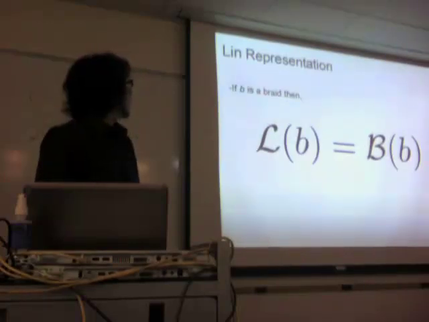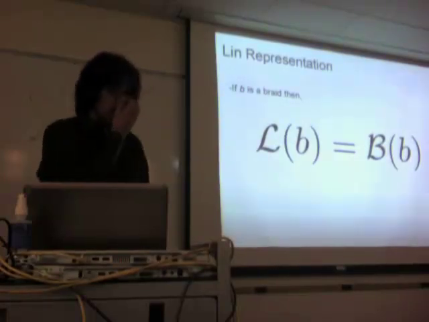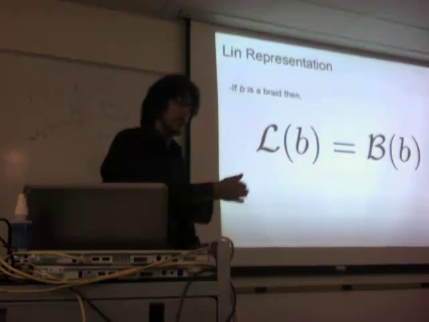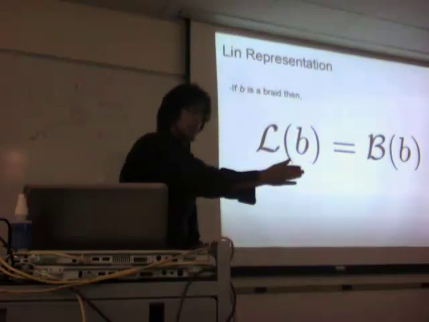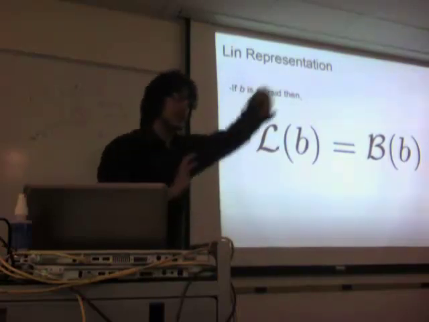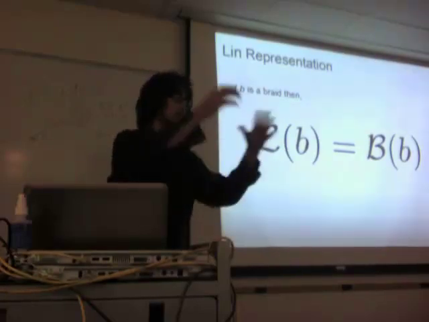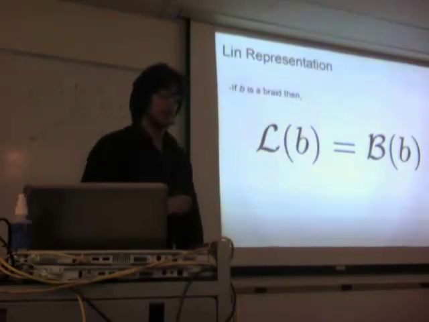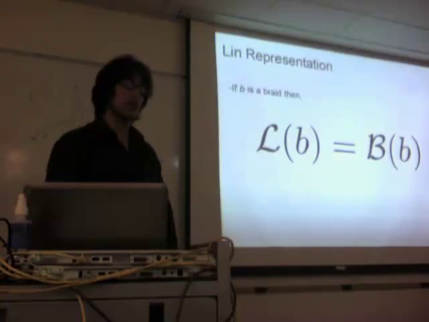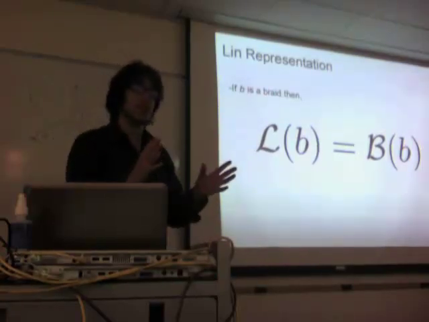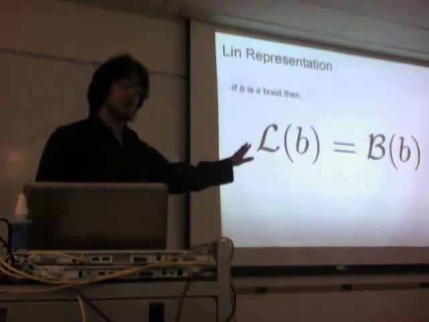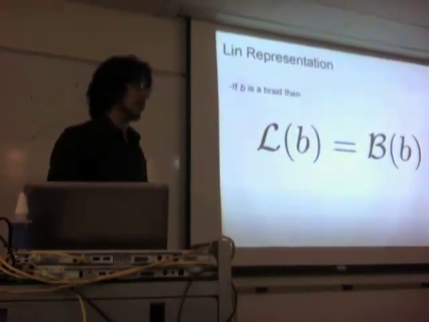Let's remind ourselves that whenever we do Lin on a braid, it will give us the same thing as Bra on a braid. Because Lin is simply an extension of the representation onto a larger world. It uses the same definition, except now extended to string links. Whenever you use it on braids, it's the same exact thing as Bra. So it's a generalization of the Bra representation.